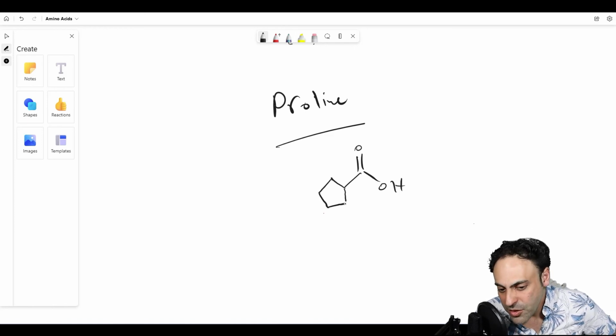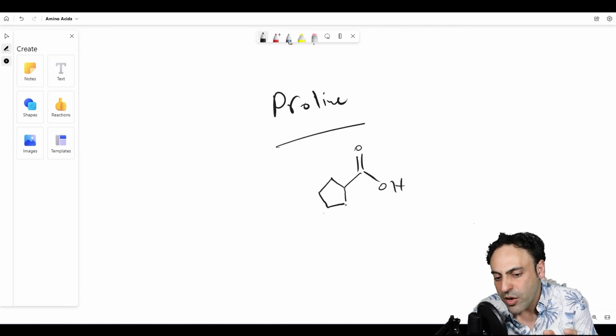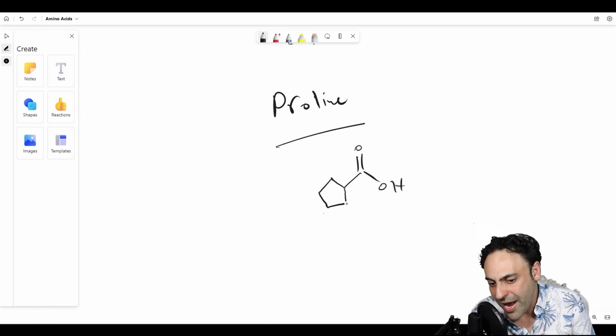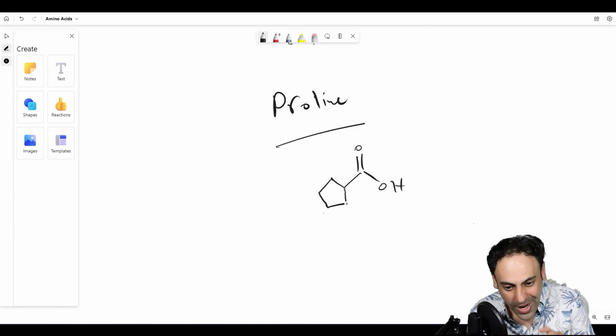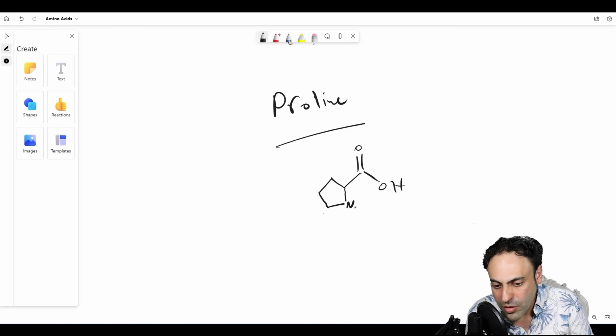Then we're going to keep a little bit of area right here. That's a place where our NH2 was supposed to get connected. But right now, another part of the N is going to be connected. If you put the N right here, the only electron remaining for the nitrogen is going to be one electron.